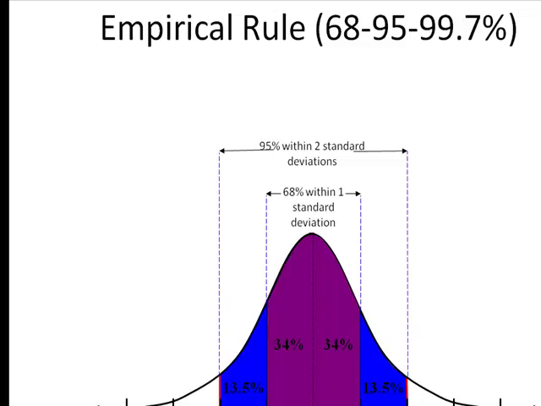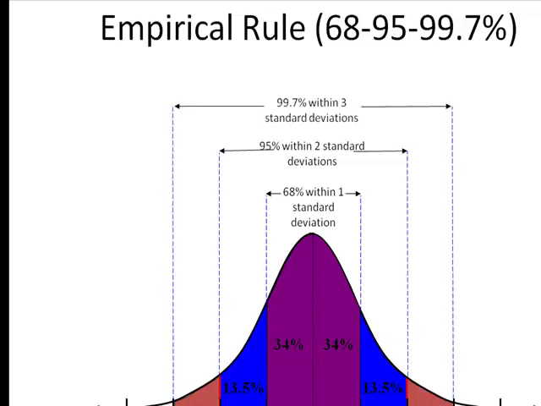Therefore, from the mean to two standard deviations above and 2 standard deviations below takes 95% of the curve. The last little bit gives you a total of 99.7% of the curve, meaning 2.35% between 2 and 3 standard deviations above and 2 and 3 standard deviations below.